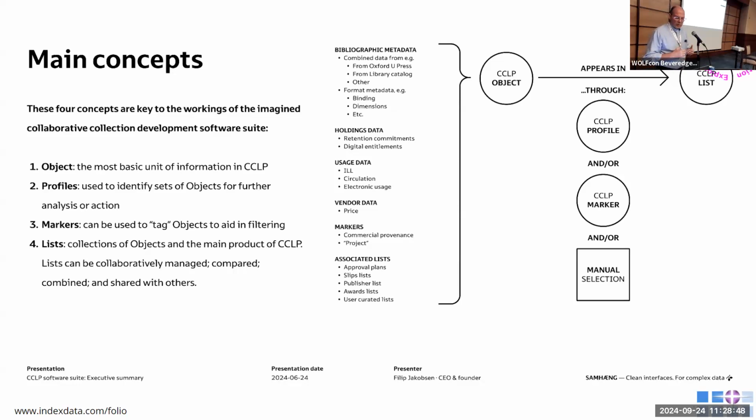So really the goal is to output lists. Some of these concepts are similar to other systems that people may be familiar with in terms of collection development, but there are profiles that we create that are used to filter data and get us to the point where we have lists that can be transacted on.